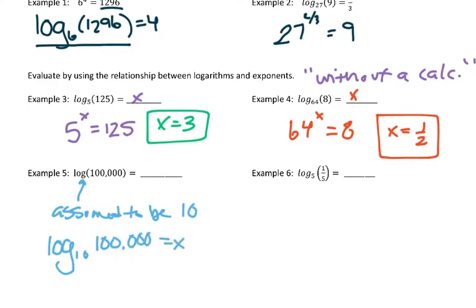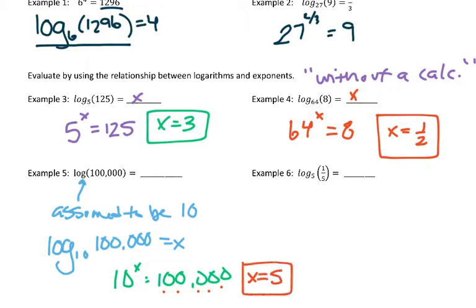And so if we rewrite it, we've actually got 10 to what power makes 100,000. Basically, anytime you have a 10 raised to a power, all you're doing is counting the number of zeros, and then that will be the power. So there are 5 zeros, so x is actually going to be just 5, 10 to the 5th power.